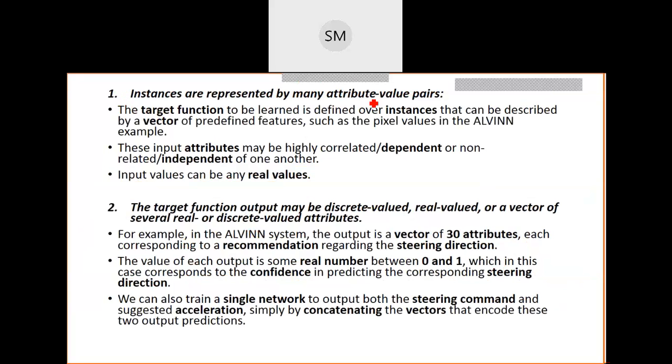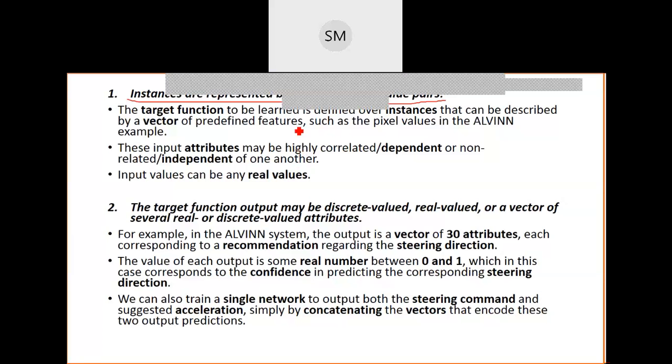Since the first module we have been seeing attributes and attribute values, and in the second module also. Problems whose examples are represented by attribute and attribute value pairs are suitable for artificial neural networks and the back propagation algorithm.